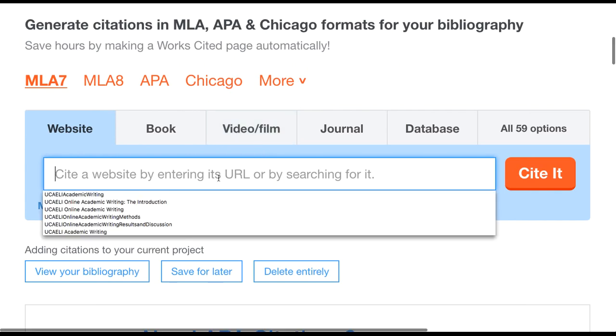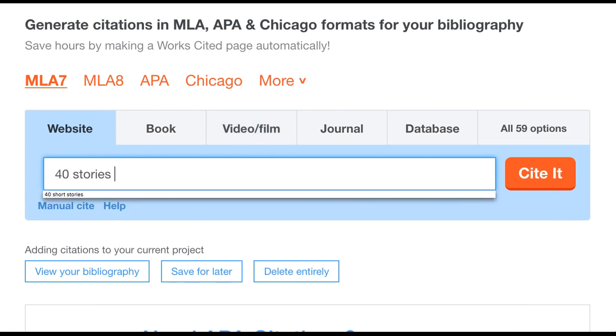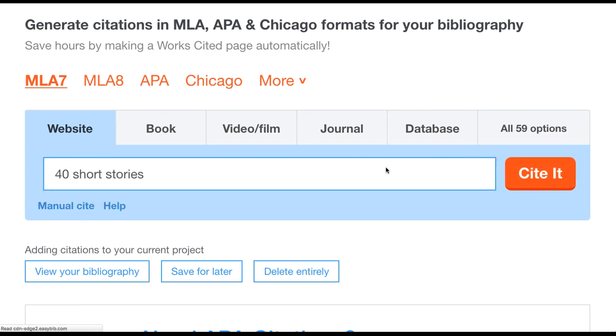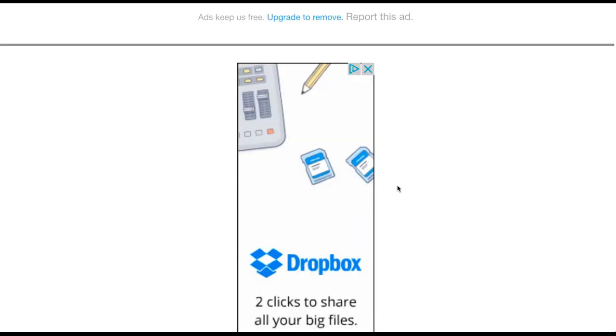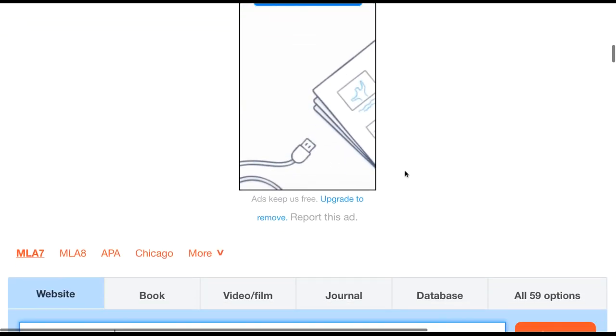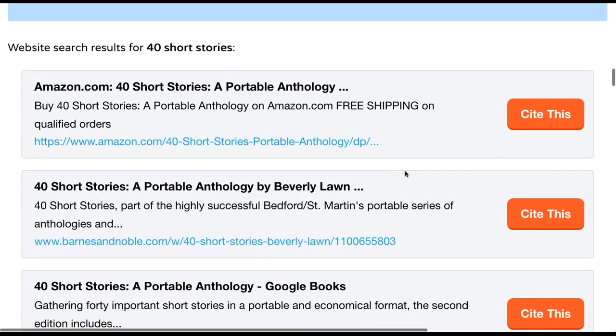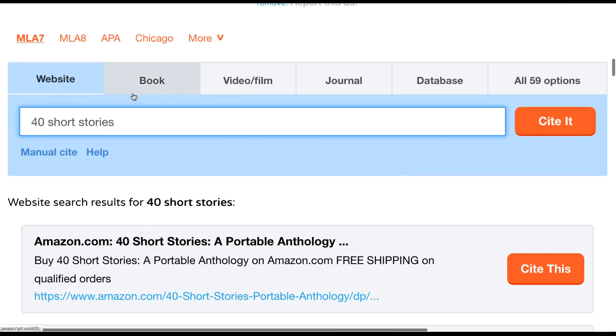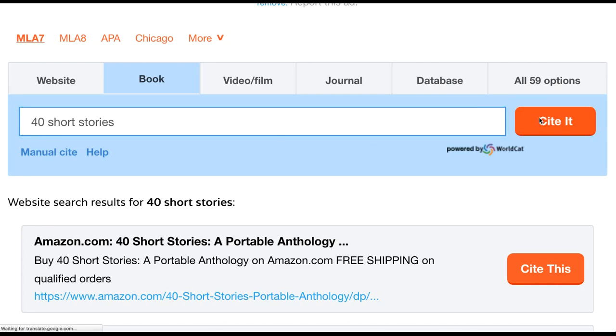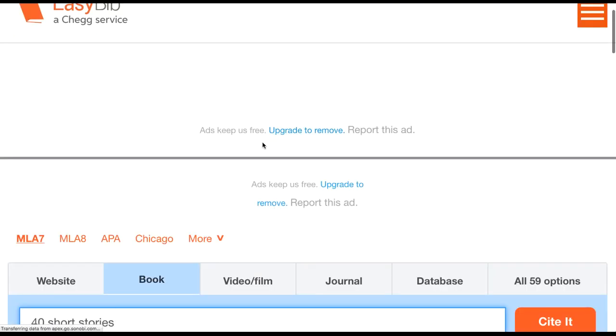So let's look it up on ezbib.com. Oops. Hopefully they'll find it for us. Oh, I put in the wrong thing. It can't be a website, it needs to be a book. So I have to cite it again. So again, it's ezbib.com.